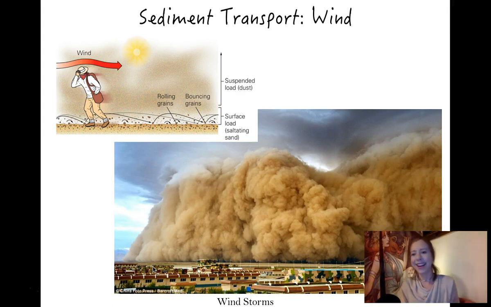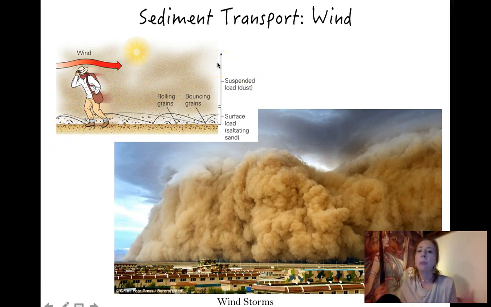Okay, getting there. We're moving on to wind. So much like you see in water, you get some really fine silts and clays, we call it loess, suspended in the air and transported that way. And then some of the coarser sand rolls and bounces around on the ground.